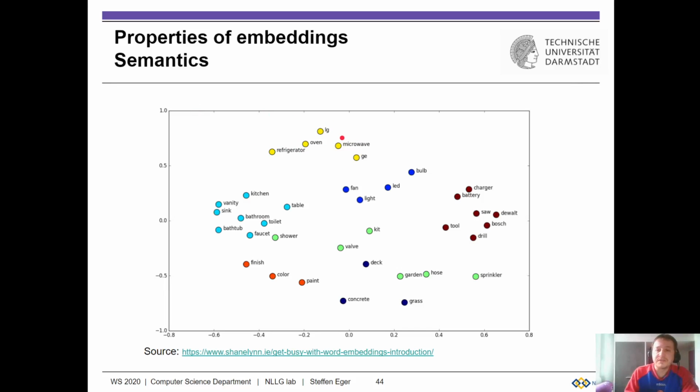So those things have similar meaning and they are close to each other in vector space. This is now an empirical observation, and this is an empirical confirmation of our underlying theoretical construction, namely that this model is suited for representing semantics.